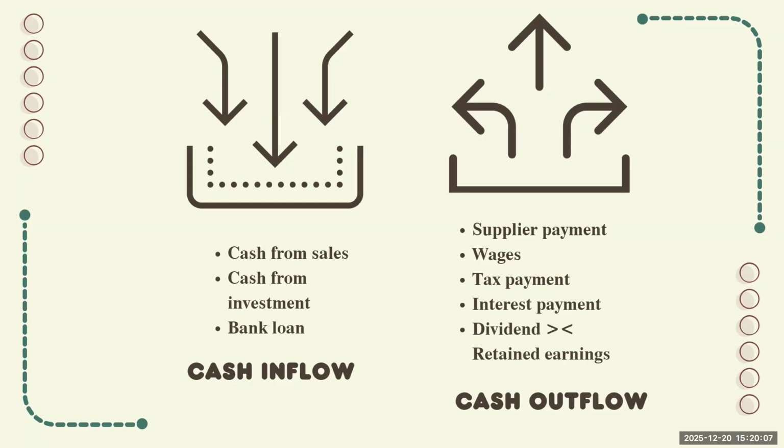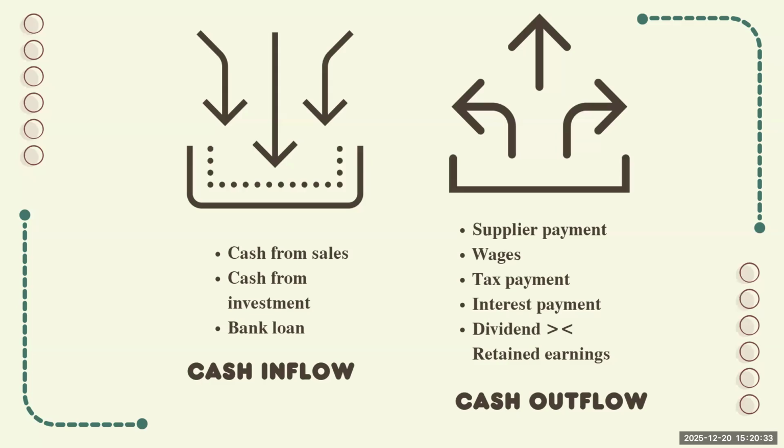So first, with the cash flow and budget, we need to understand what is meant by cash flow. Cash flow means how much cash goes in and goes out of your business. When we have more inflow than outflow, then you have a net positive cash flow.